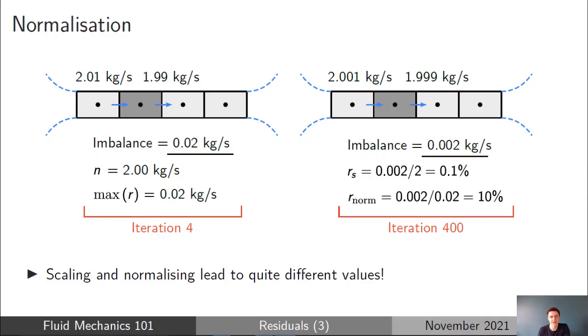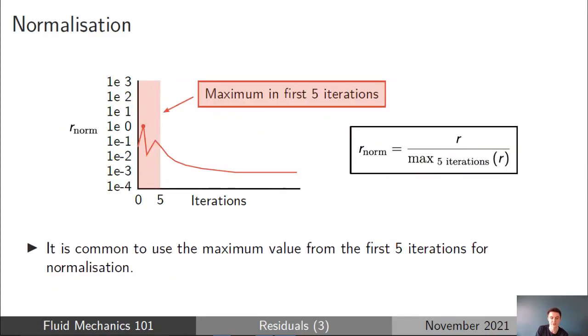So scaling and normalization really do lead to quite different values. Even with a simple example like this, it's well worth going through yourself, maybe with a pen and paper, setting up a simple example and trying to understand the difference between a scaled value and a normalized value, because they're really very different.